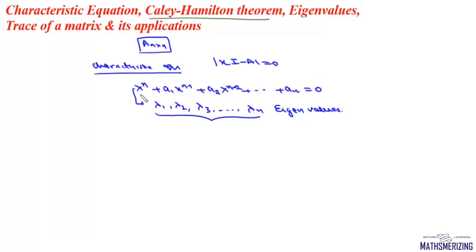Now the Cayley-Hamilton theorem says this characteristic polynomial is the least degree polynomial of which this matrix A is a root.